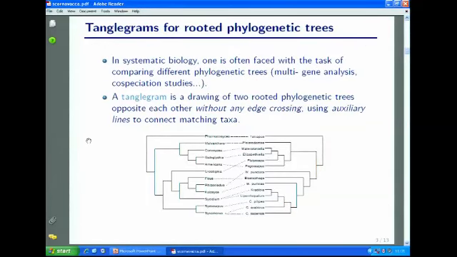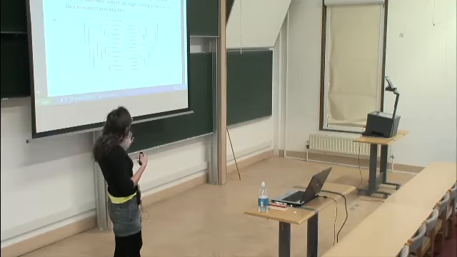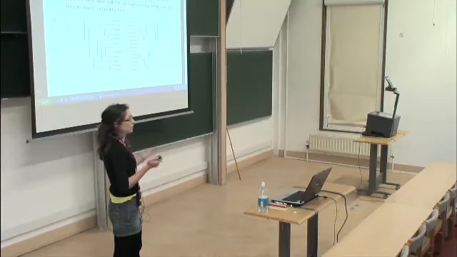So in systematic biology, we are often faced with the problem of comparing several different trees, for example in co-speciation studies or multi-gene analysis. One way to compare trees is to compute distances, such as the TBR, SPR, triple distances, etc., as we saw yesterday.